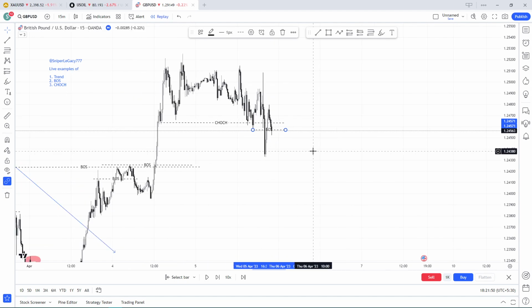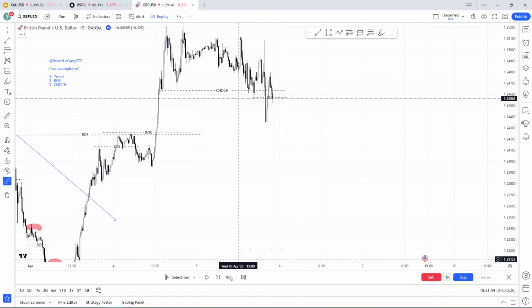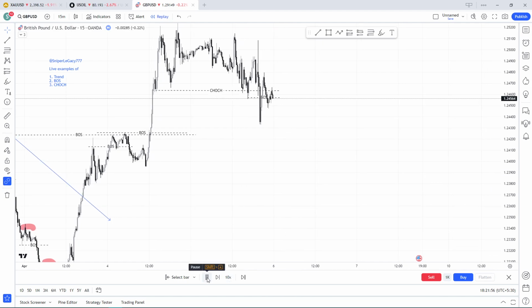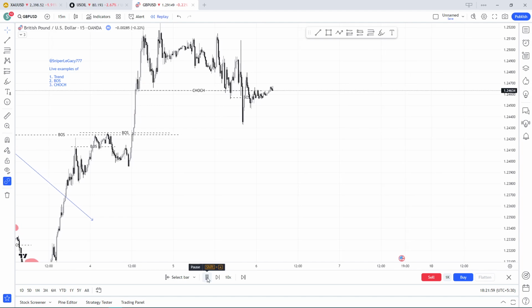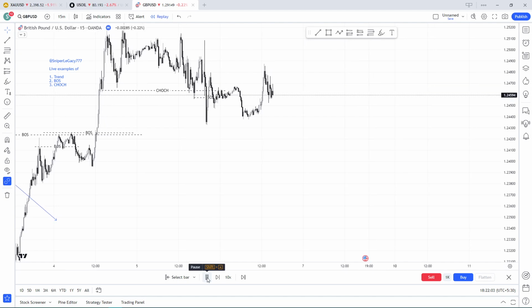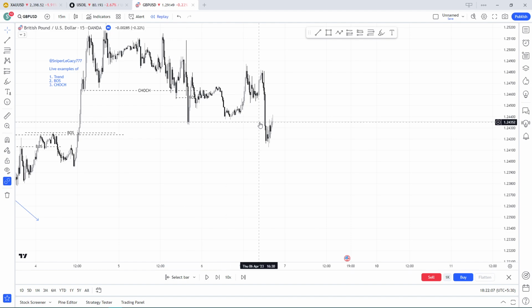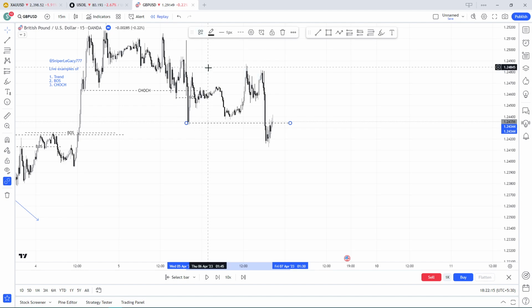So now it is confirmed that GU will go down and we can look for trades on the shorter side. Yeah, that's what it did, right? So we have a BOS on the shorter side, which is giving us more confidence to trade the shorter side for GU.